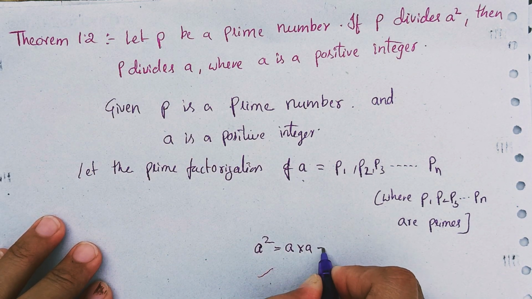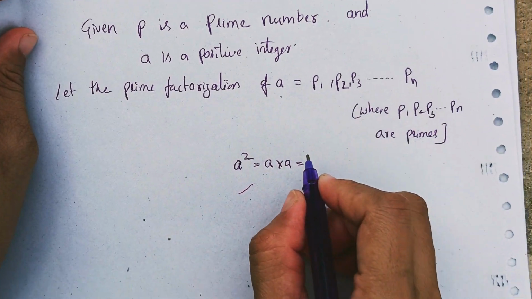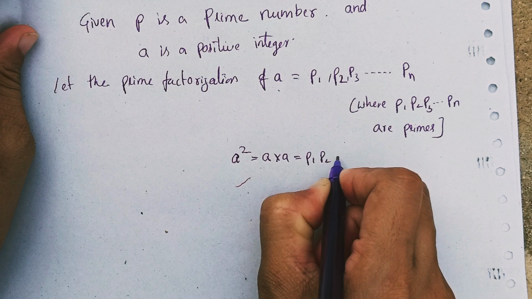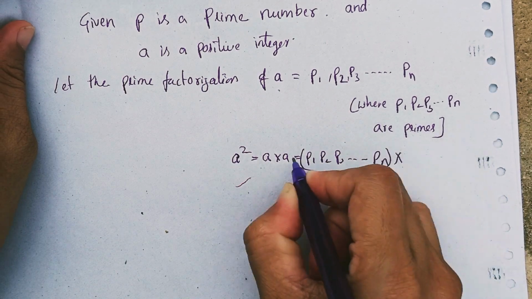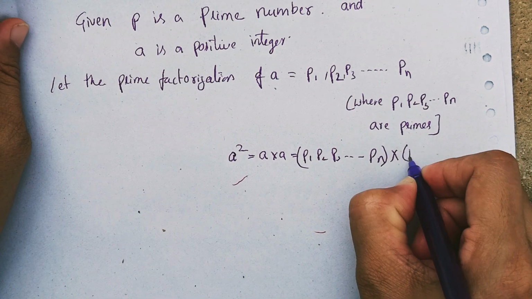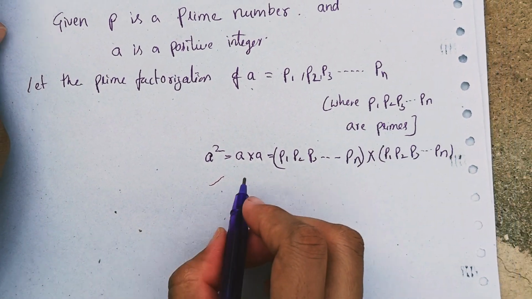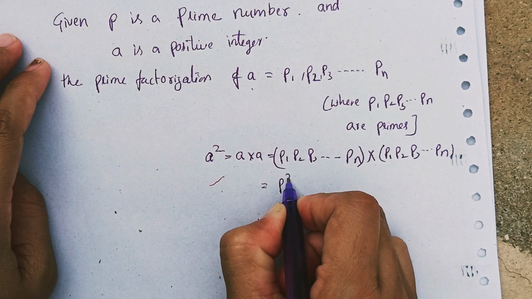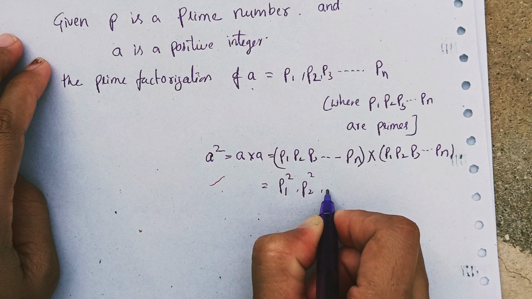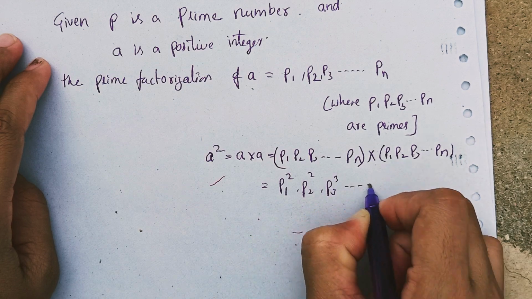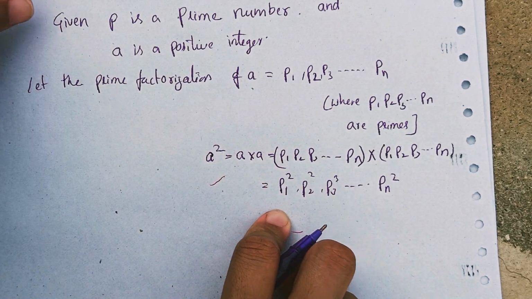The prime factors of a are p1, p2, p3 and so on, pn, multiplied by again a, whose factors are p1, p2, p3 and so on, pn. Then what will we get? p1 square, p1 into p1, then p2 square, then p3 square and so on to pn square. Up to here, have you understood?